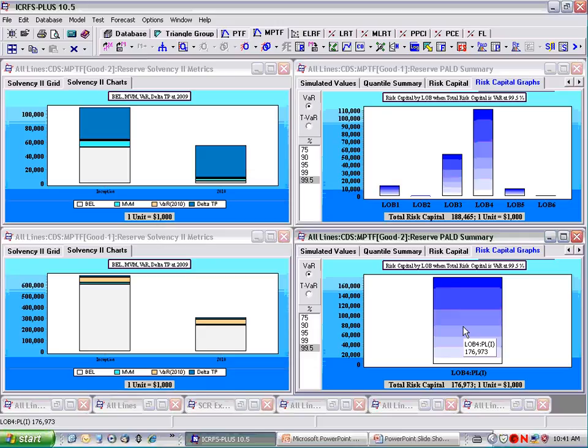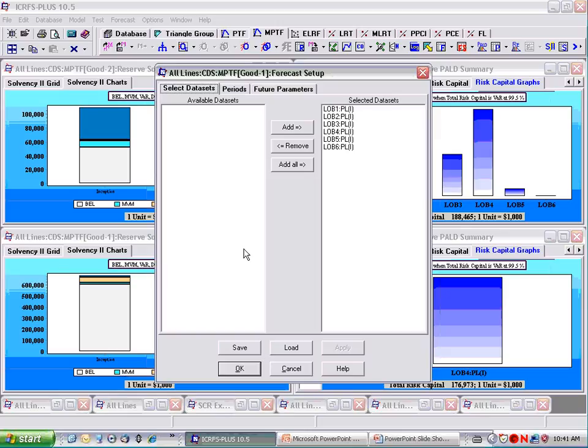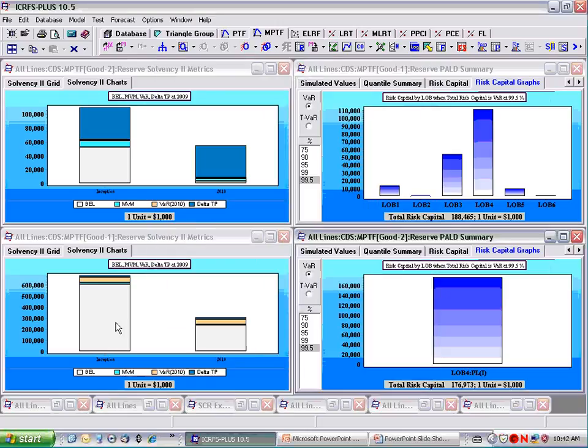Now, we did mention that correlations in fact drive the delta TPs. If I go and look at LOB4, and this is not LOB4, that's the aggregate of all the lines.